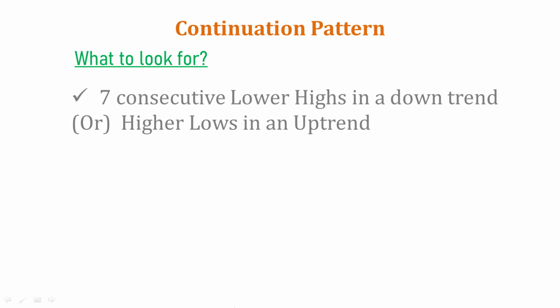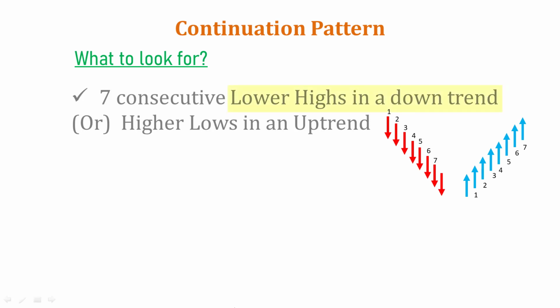And also check whether all of these 7 candles are continuously making lower highs or higher lows. If it does so, then we have a trend. For example, in a downtrend, you will see price making lower highs continuously for 7 days, and in an uptrend you will see the price making higher lows continuously for 7 days.